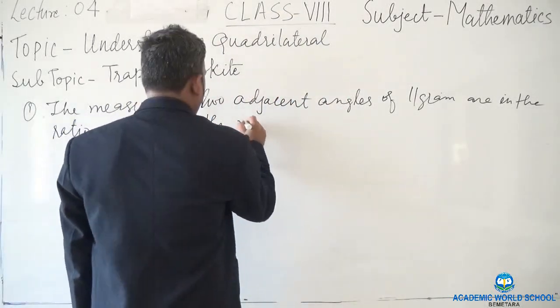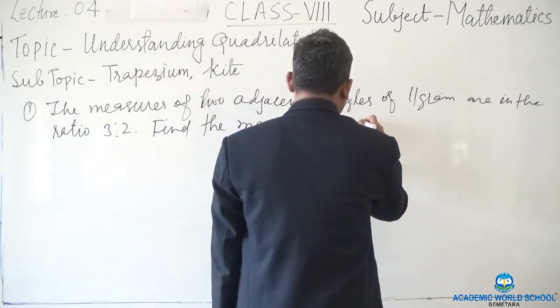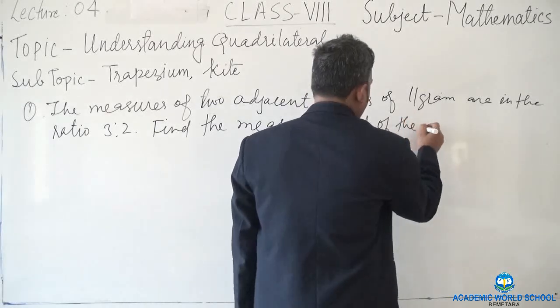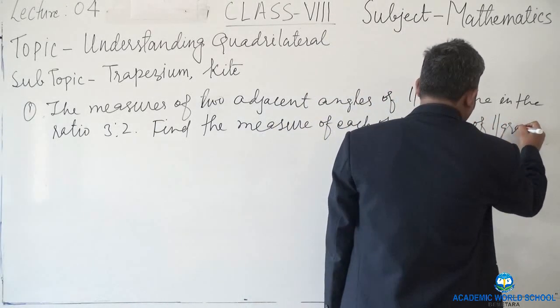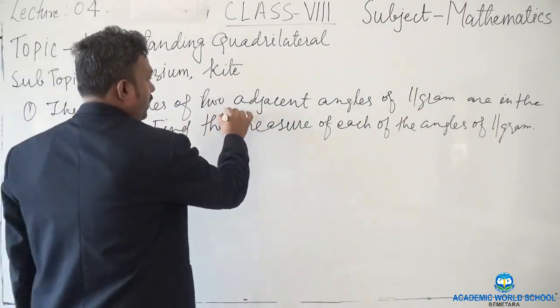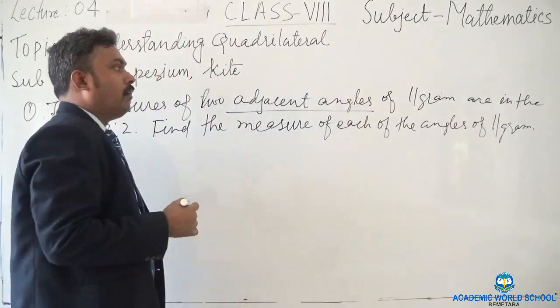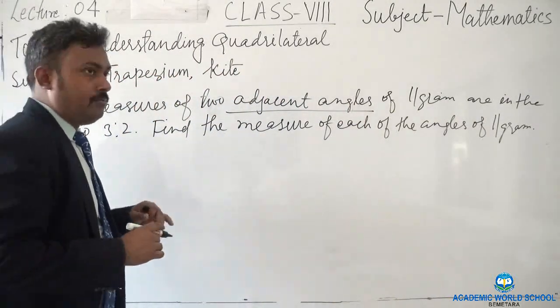See that. Measures of two adjacent angles of a parallelogram are in the ratio 3:2.